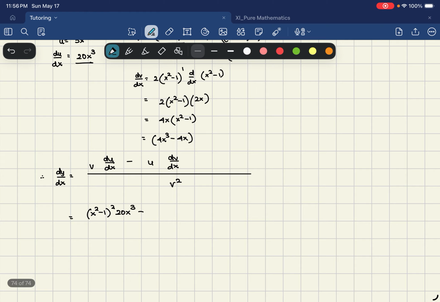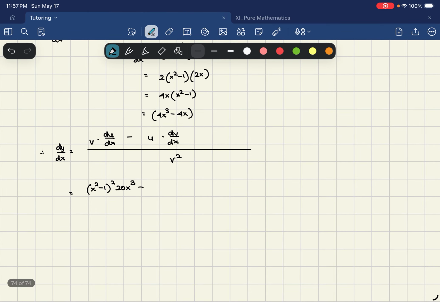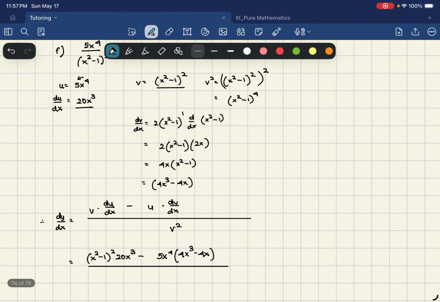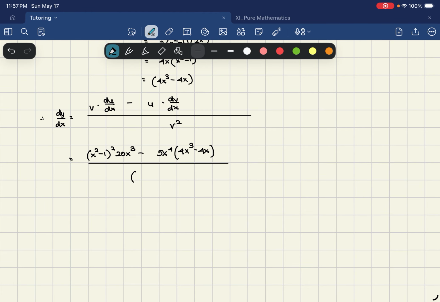Minus u. So if I have nothing separating the terms, that means usually it's multiplies, right? So u is 5x to the power 4. Dv by dx is 4x cubed minus 4x, all divided by v squared. So (x squared minus 1) to the power 4.